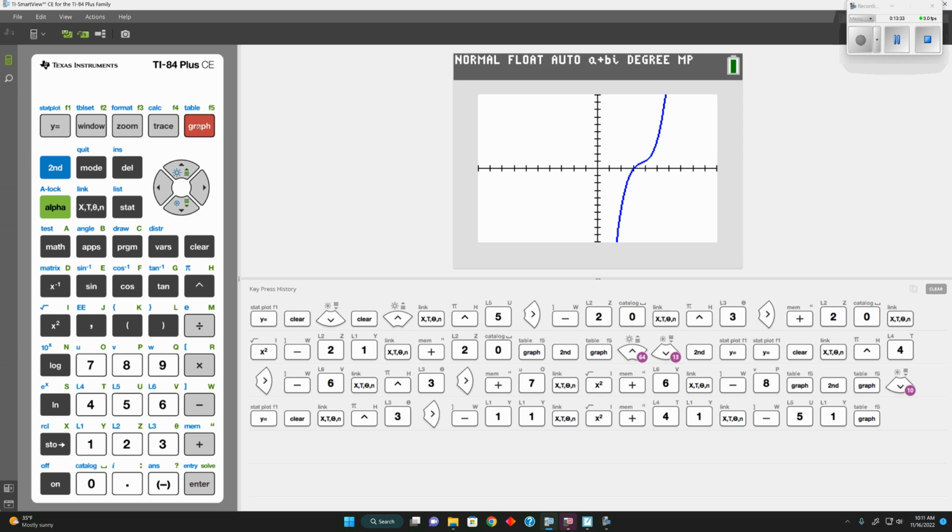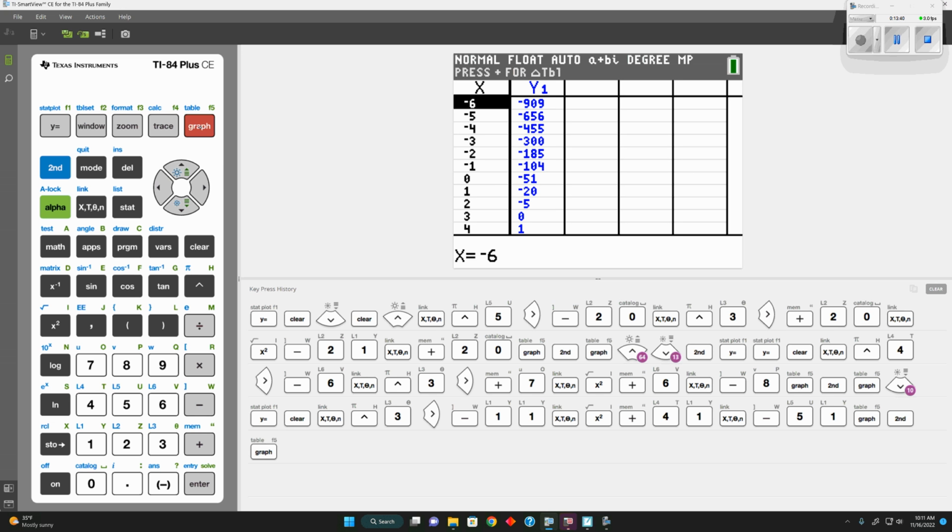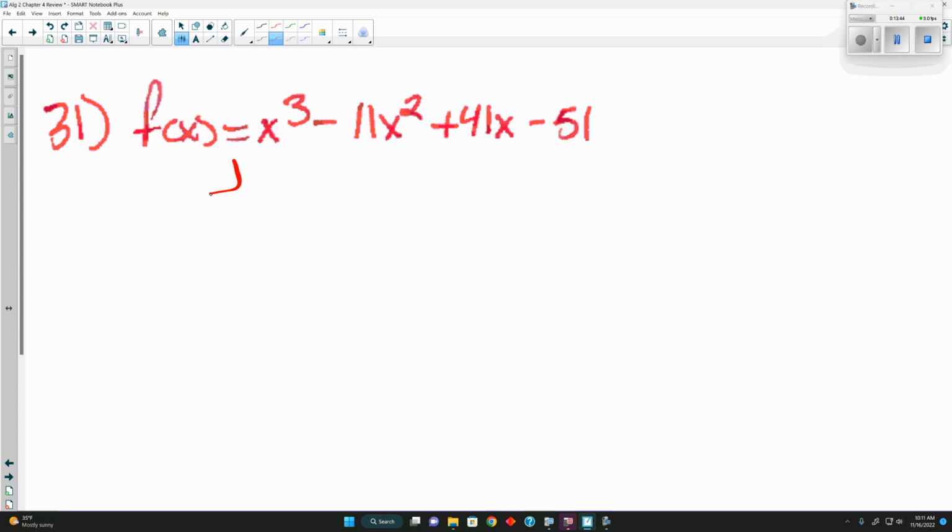Well, they gave us exactly 1, and our solution is 3. So we'll have 3, 1, negative 11, 41, negative 51.